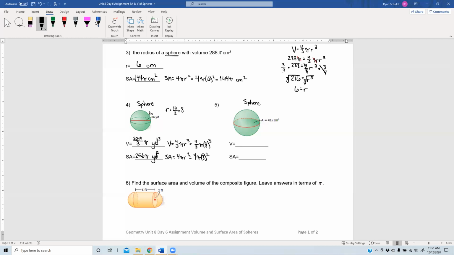They tell us the area of this circle at the widest part of the sphere is 49 pi. What do we know about a circle? The area for a circle is pi r squared. Well, they tell us that's going to be 49 pi.